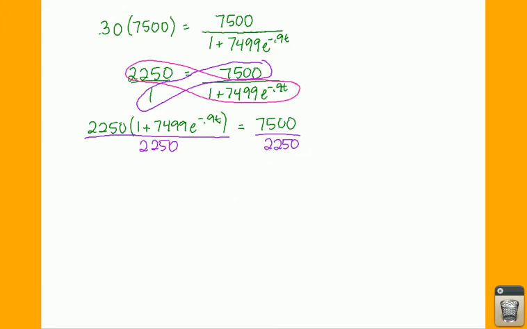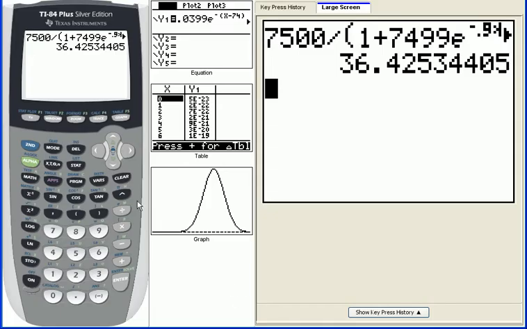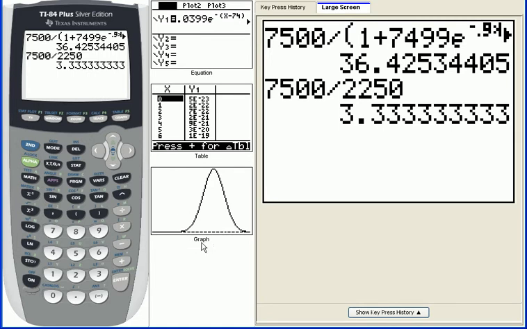So we're going to end up with 1 plus 7499 e to the negative 0.9t equals 7,500 divided by 2,250. That's a 3.3 repeating, so we won't change that yet.